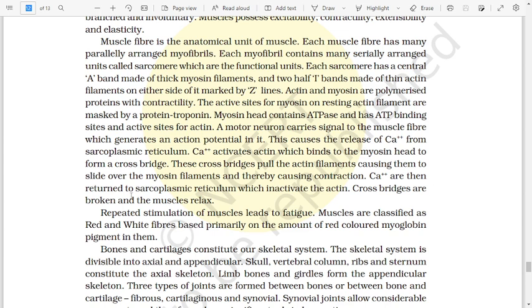Calcium is then returned to the sarcoplasmic reticulum, which inactivates the actin. Cross bridges are broken and the muscles relax. Repeated stimulation of muscle leads to fatigue. Muscles are classified as red and white fibers based primarily on the amount of red colored myoglobin pigment in them.